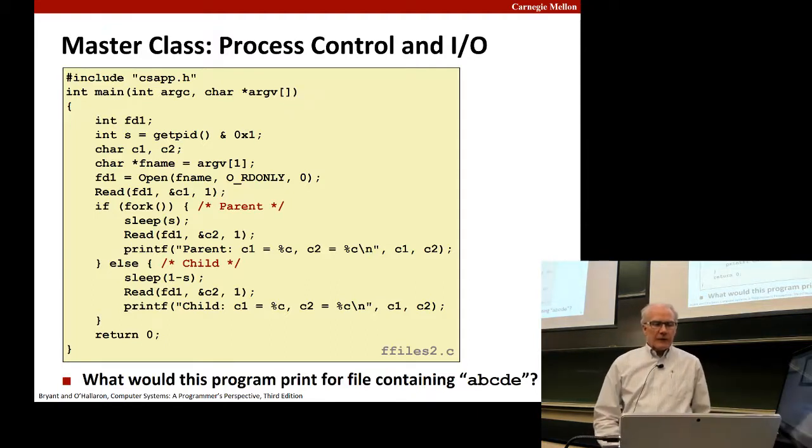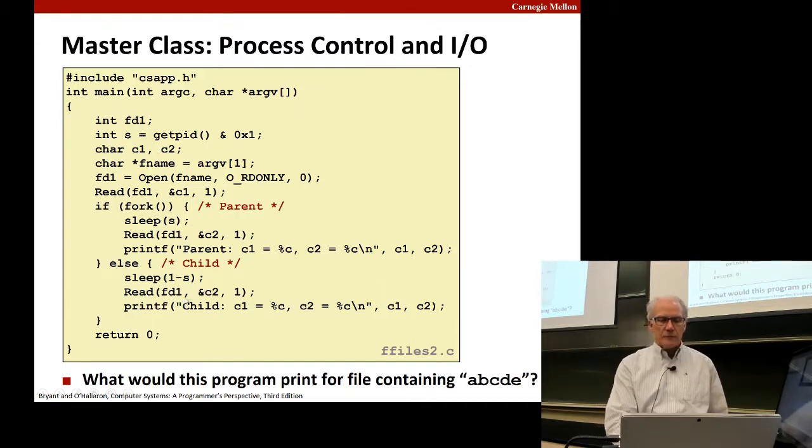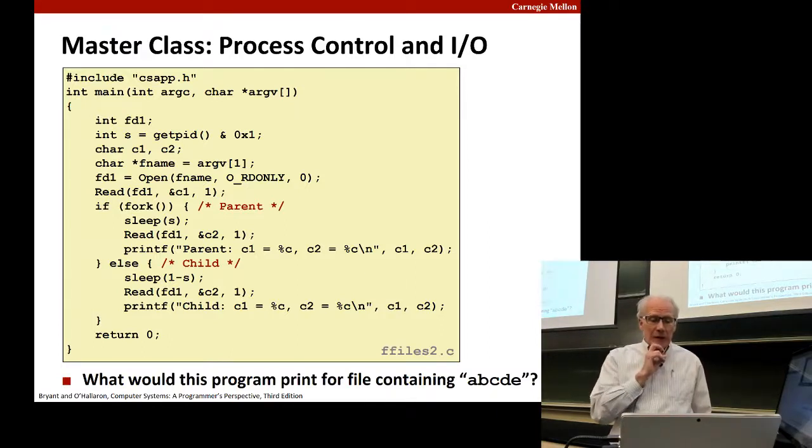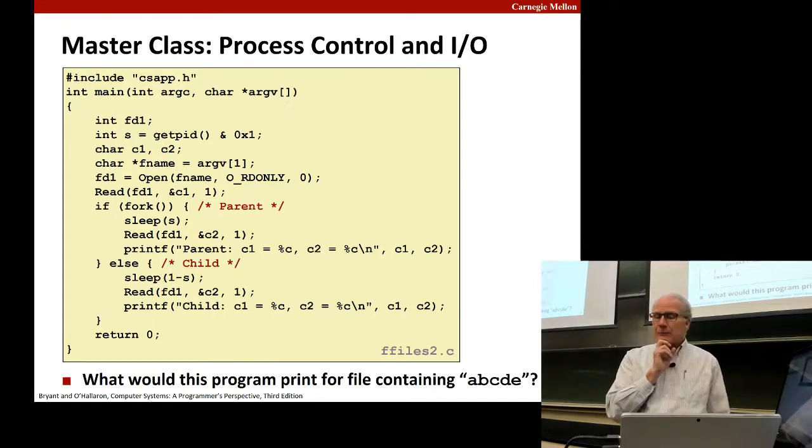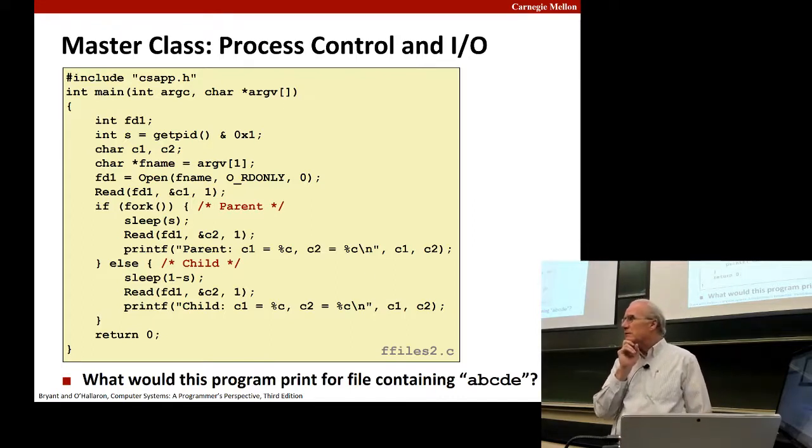Okay, now this one's a sort of related idea. The main point is I have a process and I'm opening a file and I'm reading from that same file descriptor in both the parent and the child. And again, let's assume this file is ABCDE. So can I predict exactly what this is going to print? No, right?